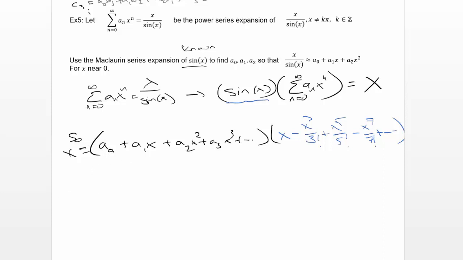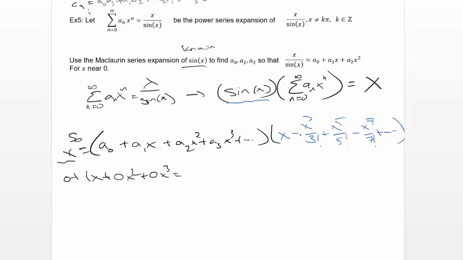So I want to estimate x over sine x up to the x squared term, so I'm going to figure out the values of each of these coefficients in front of each of these x's. I know that if I wanted to, I could write x as 0 plus 1x plus 0x squared plus 0 x to the third, and so on.